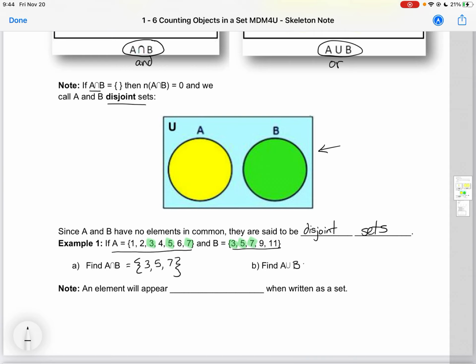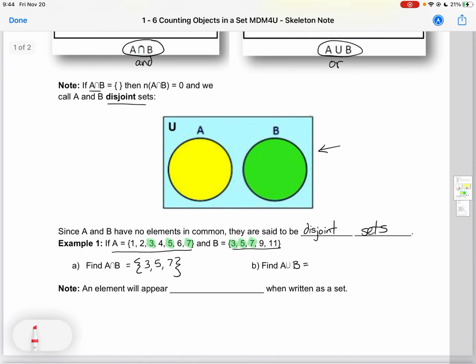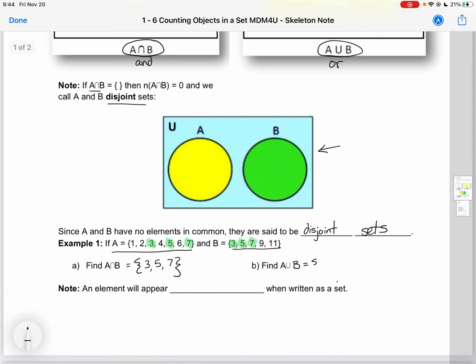Now my union is going to be larger. That is the one where I have elements that are in either A or B or both. So that means that I have all my numbers, so 1, 2, 3, 4, 5, 6, 7, 9, and 11.